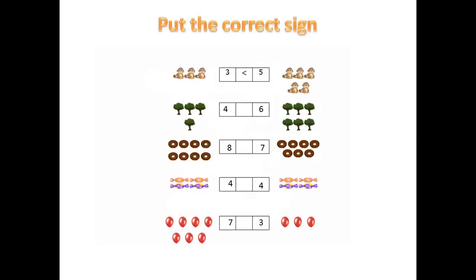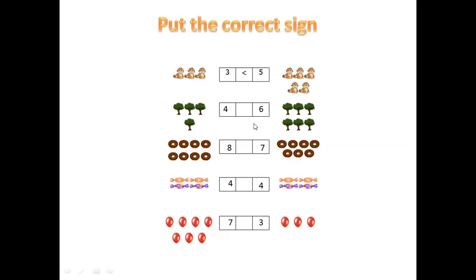Now let's try to do this, because you've already done this, so it will be easy for you. Just now I told you how to put the correct sign. So here, 3 is less than 5. See the next one. 4 and 6.